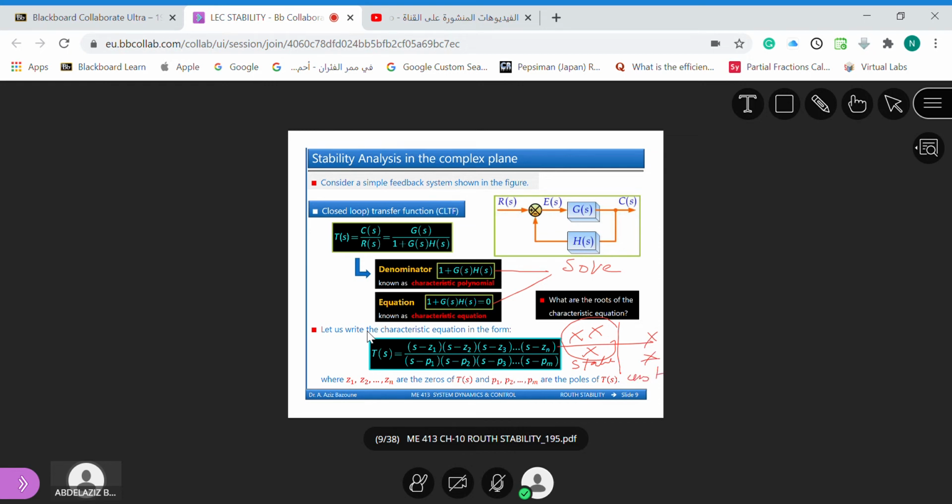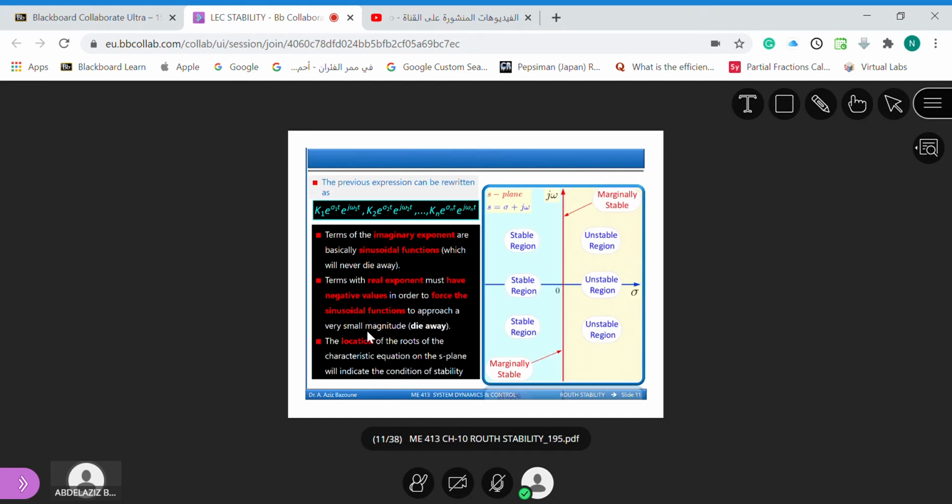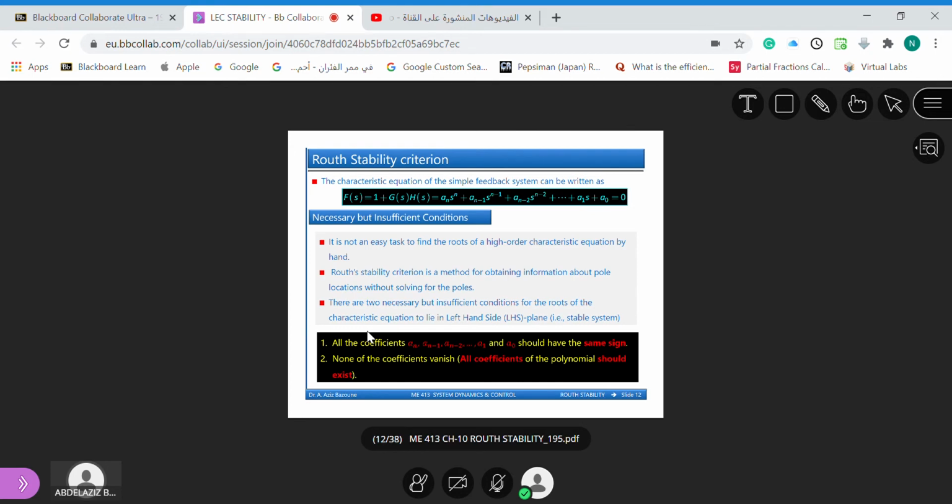Nowadays, we have MATLAB, Mathematica, and many sophisticated tools that can solve this type of equation. But before, there were no such tools, and it was very complicated and time-consuming to solve this type of equation. So Routh came up with conditions saying that if certain conditions are satisfied, the system is stable, and if they are not satisfied, the system is not stable.